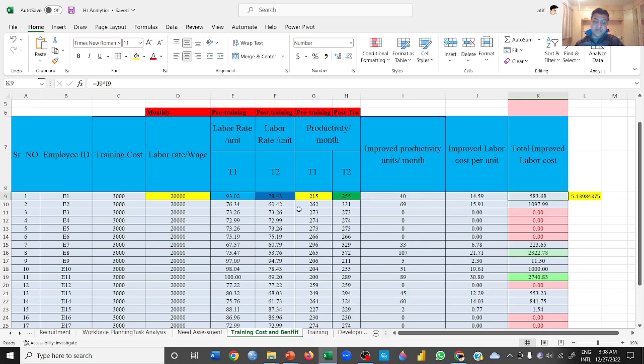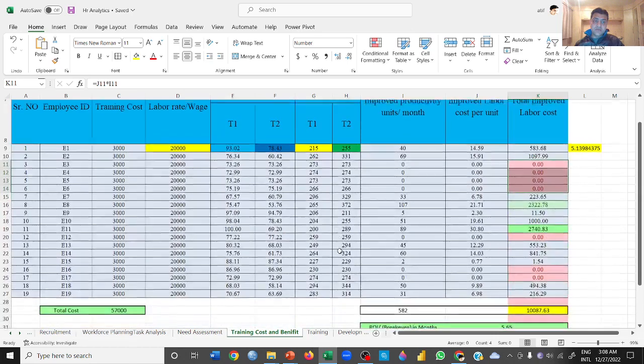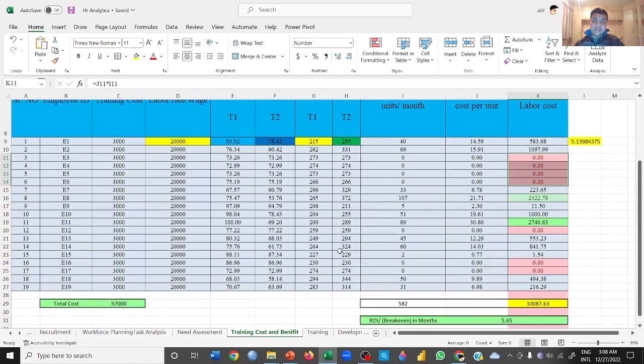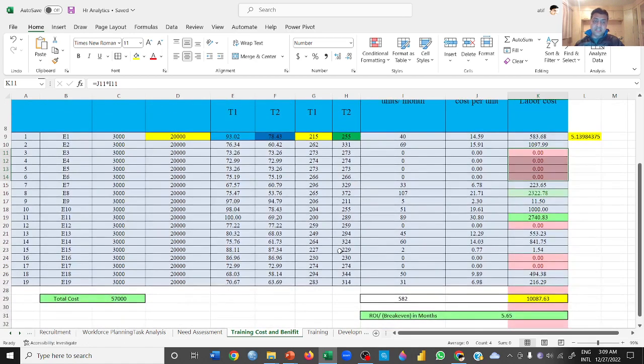So on the same salary, the person has started producing more, and eventually the labor rate has come down. This is not happening in a few cases, because people are not improving or the training might not be helpful, but you can see here that some trainings are helpful. This is the way of convincing your top management that training will eventually have an effect.